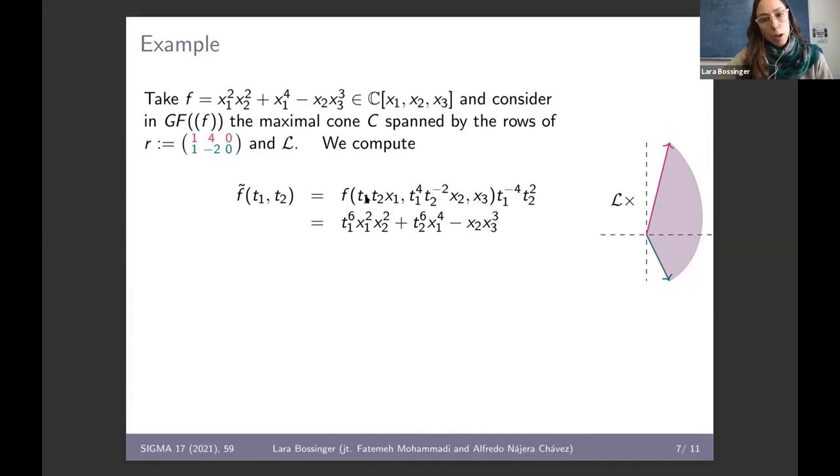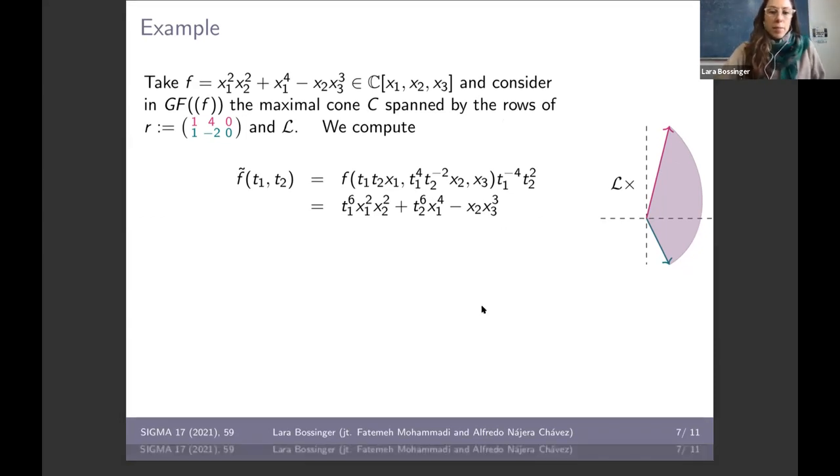So here we plug in monomials in T's that correspond to the columns of my matrix. So x1 comes with T1 T2, x2 comes with T1^4 T2^-2, and x3 does not have any T parameters at all. And the minimum vector, if you compute it, is (-4, 2). So if we evaluate, we get the following polynomial in T's and X's.